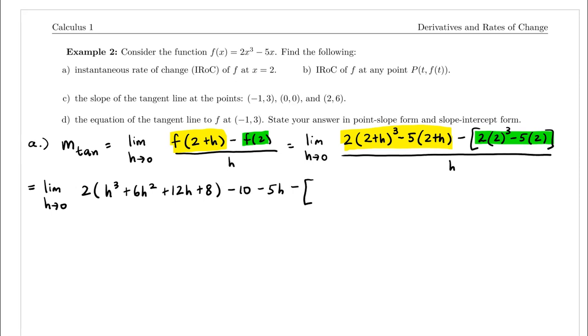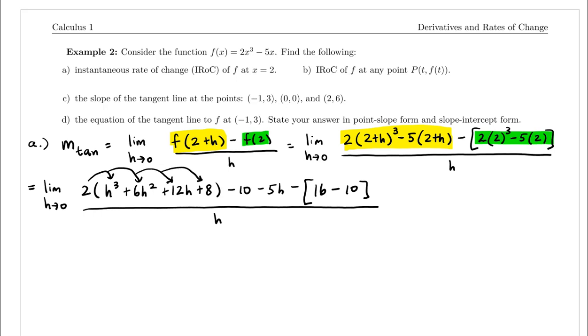And now I want to simplify whatever is in our brackets. 2 cubed is 8. 8 times 2 is 16. And we have 16 minus 10 over h. Now we can distribute the 2 into our parentheses here. I think I'm going to run out of space, so why don't I move down here?